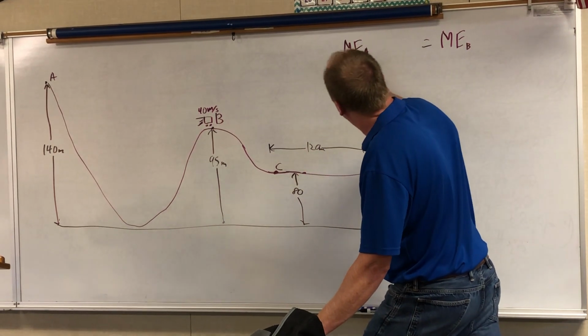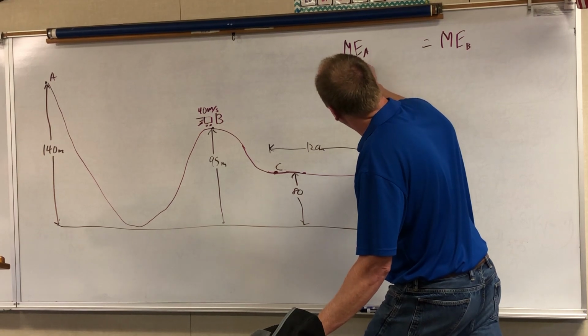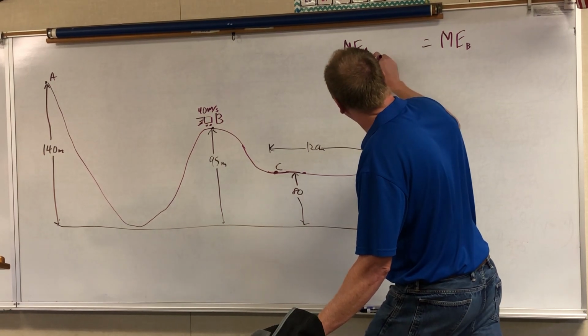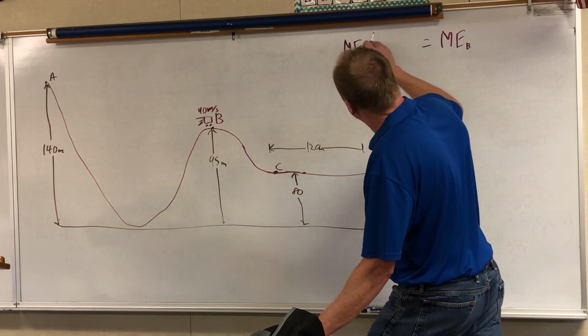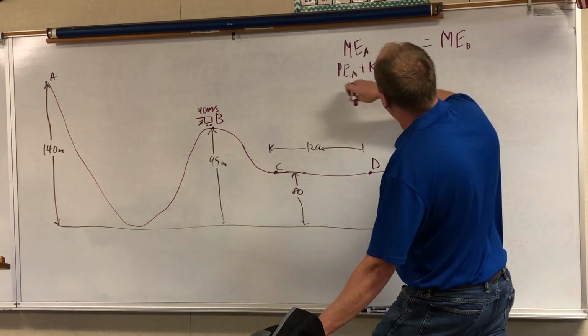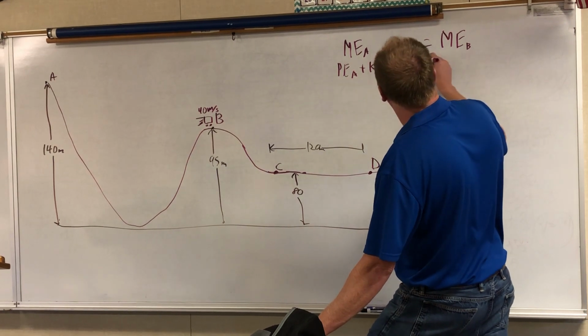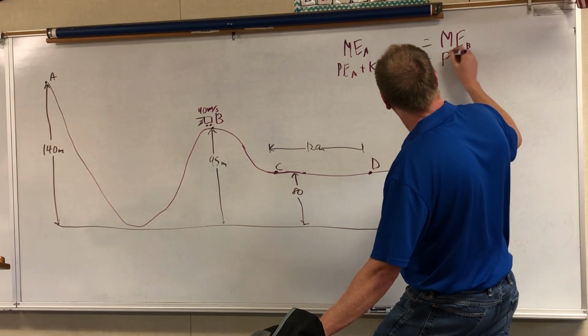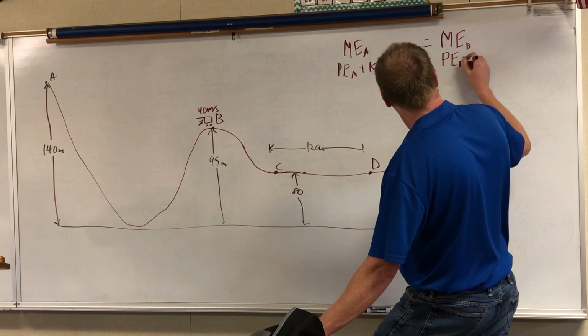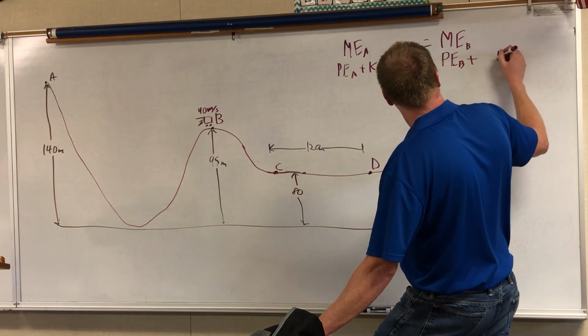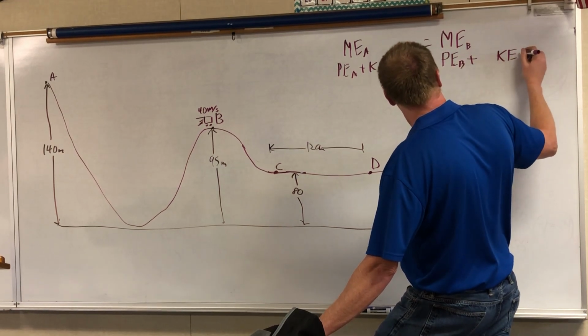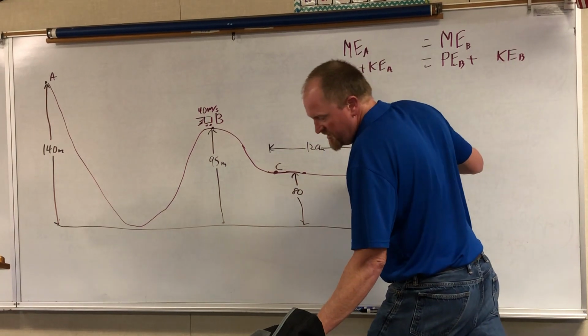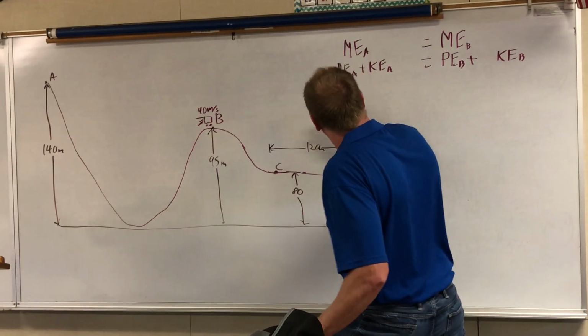I'm sorry about that. Potential energy plus kinetic energy is your mechanical energy. So mechanical energy is the same everywhere. Potential energy plus the kinetic energy at A is going to equal the potential energy at B plus the kinetic energy at B.